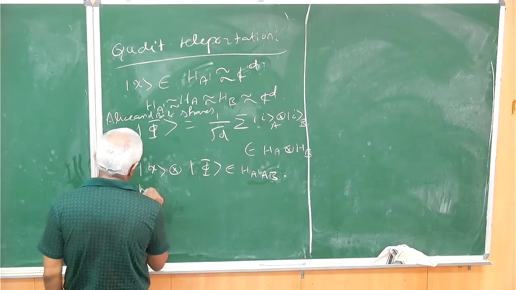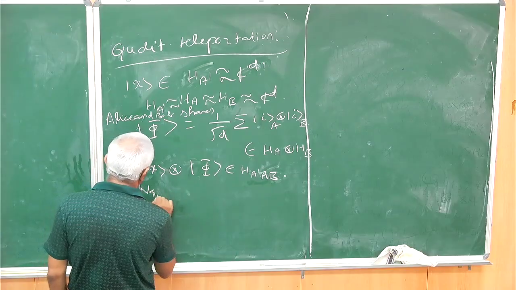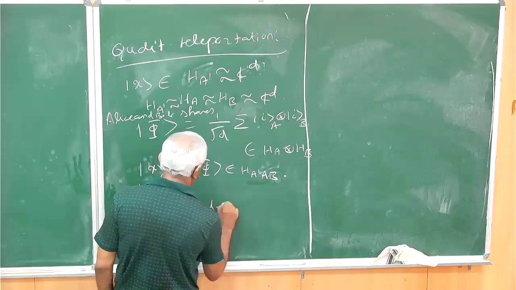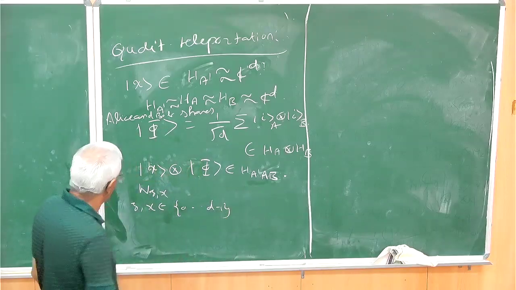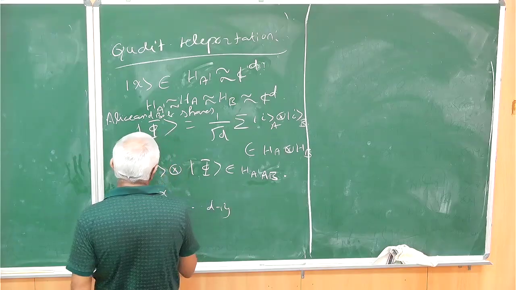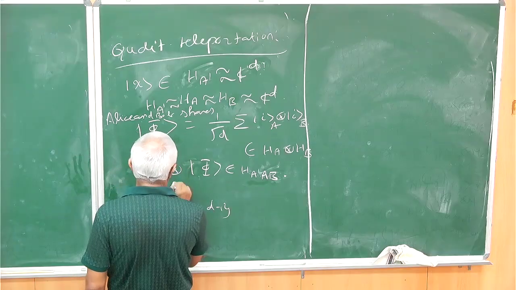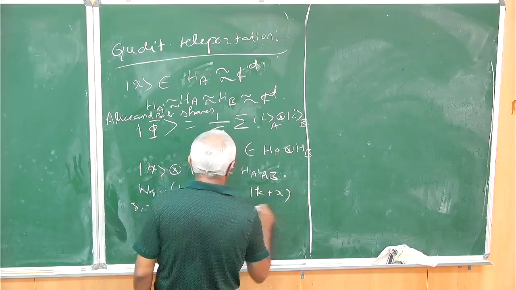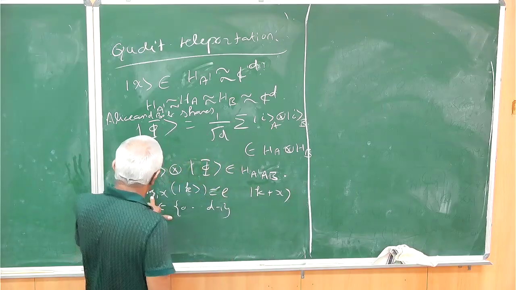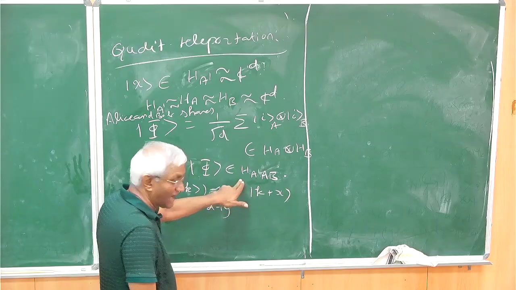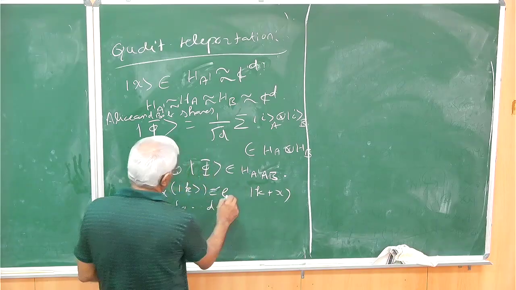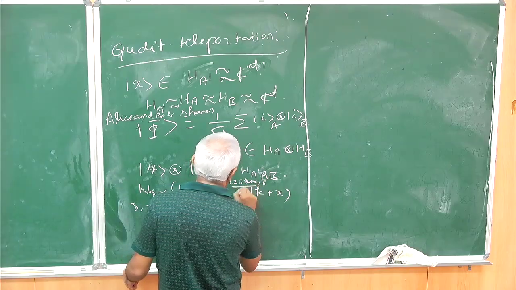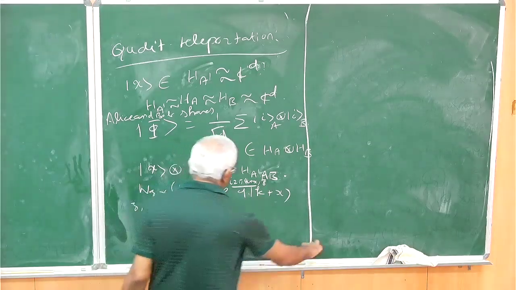We have these Weyl operators, where z and x are between 0 and d minus 1. We have defined these operators. Acting on any |k>, it gives |k+x> times e^(2 pi i (k+x) z / d). If you acted just with Z, it would be e^(2 pi i k z / d), but since you first applied X, you need k plus x.